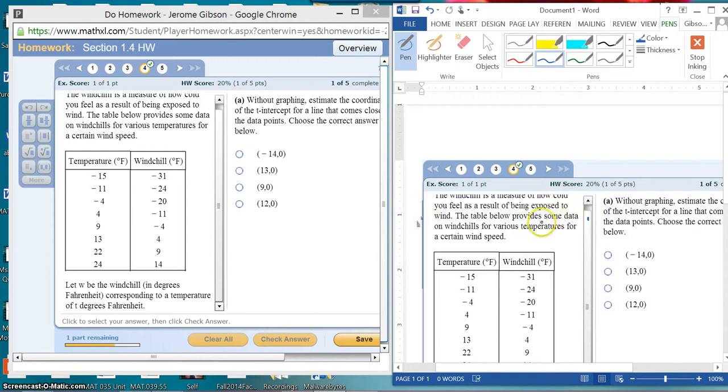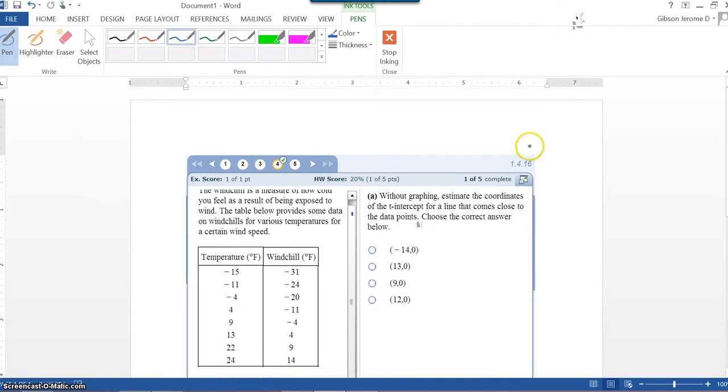Now, as you can see here, this is a question similar to the one that you previously sent me. So let's take a look at it. It says, the wind chill is a measure of how cold you feel as a result of being exposed to the wind. The table below provides some data on wind chills for various temperatures for a certain wind speed.